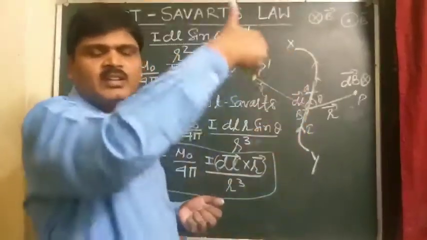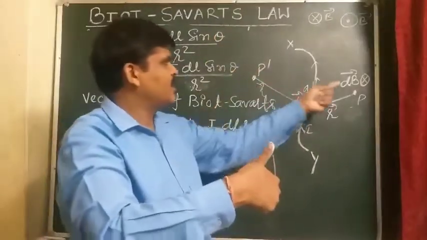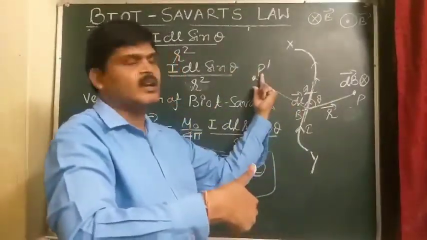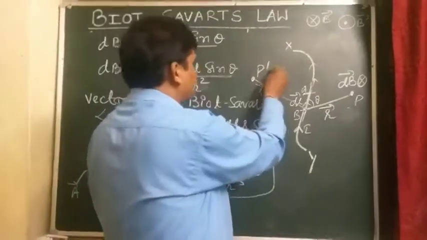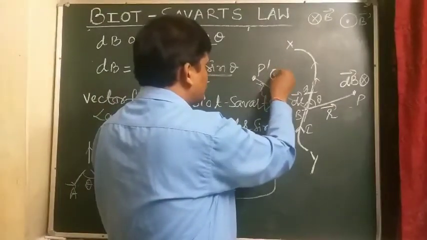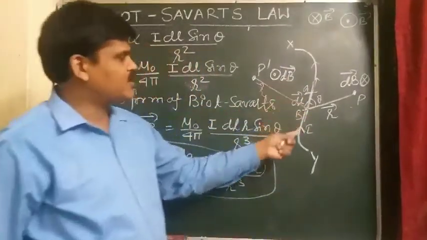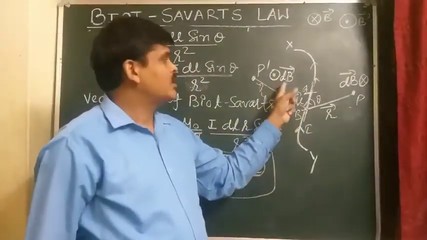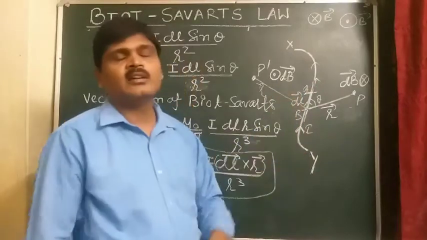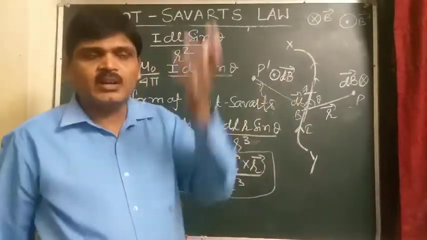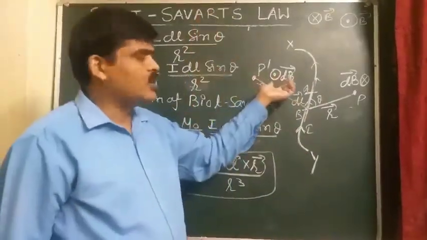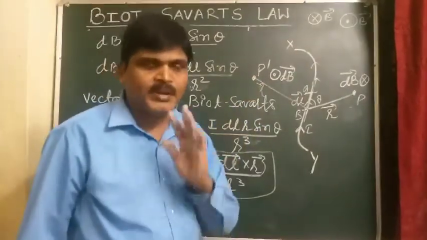So the thumb will point in the direction of the magnetic field due to the current element on the left hand side. Here, on the left hand side of this current carrying conductor, the direction of the magnetic field is out of the plane of the paper.